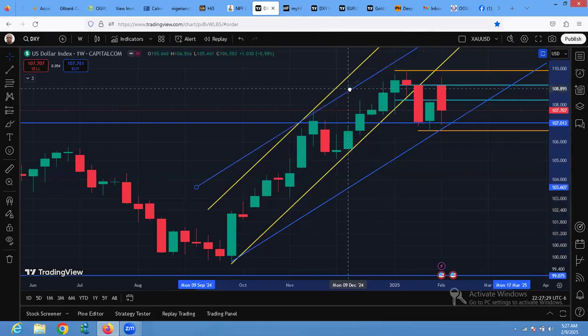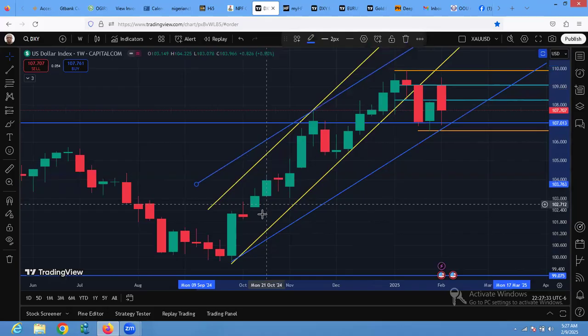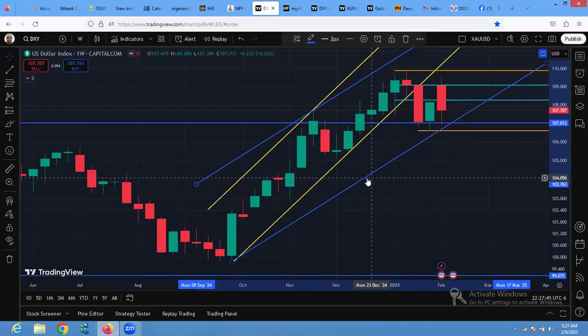You cannot draw that like that. The reason is that your fourth wave here is clearly away from the base, and it didn't test the base of this channel in the blue.